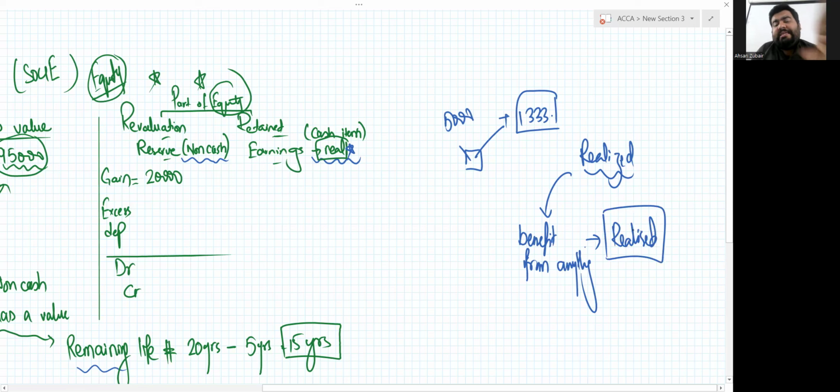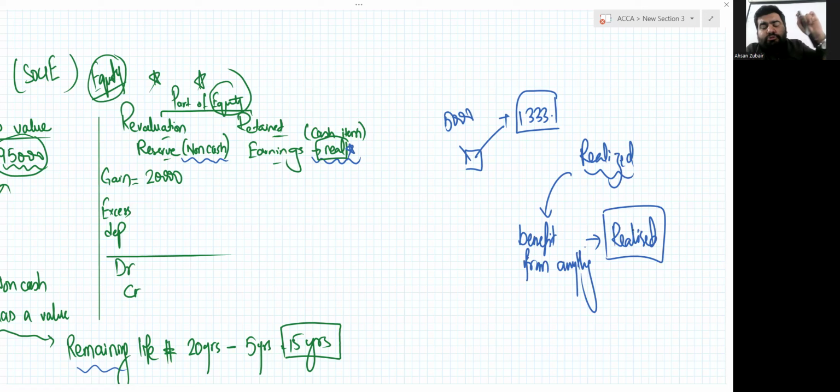For example, this is a mobile of 100,000, and it has a life of, for example, 20 years. I have used it 1 year. It means I have realized its 5,000 amount, because per year depreciation is 5,000.